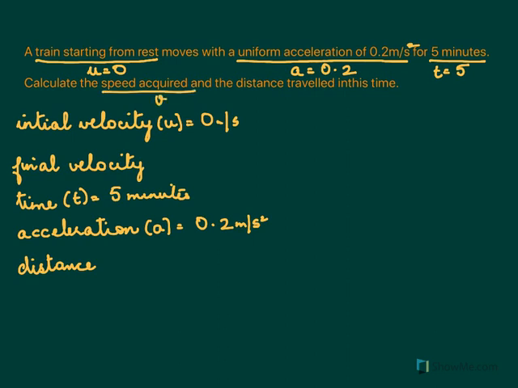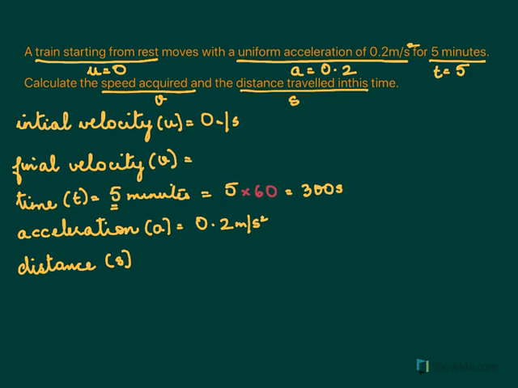Calculate the speed acquired, means we have to find the final speed v, and the distance traveled s. Let us check if all our quantities are in the SI unit. We find the time is not in the SI unit, so you do 5 multiplied by 60 to make it into the SI unit. So 5 into 60 is 300 seconds.